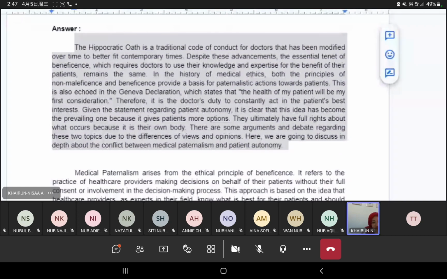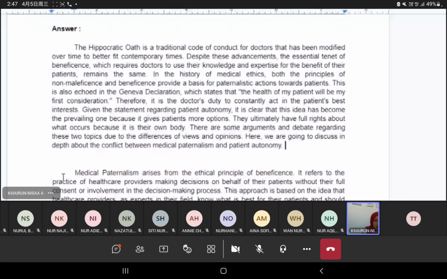So should we have this? Perhaps you can have this, but summarize it. If you go and talk about the Hippocratic Oath in this line, it's just irrelevant. You can go straight to this paragraph. You define medical paternalism, you elaborate on medical paternalism.